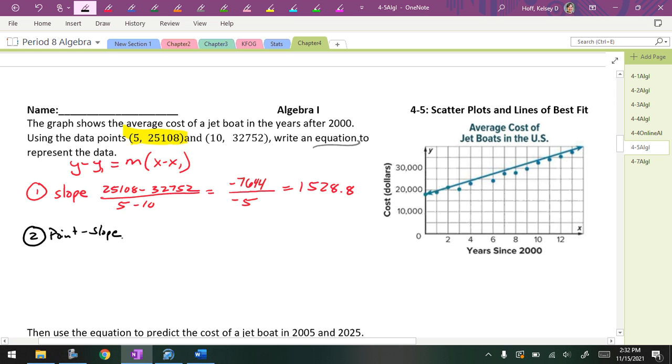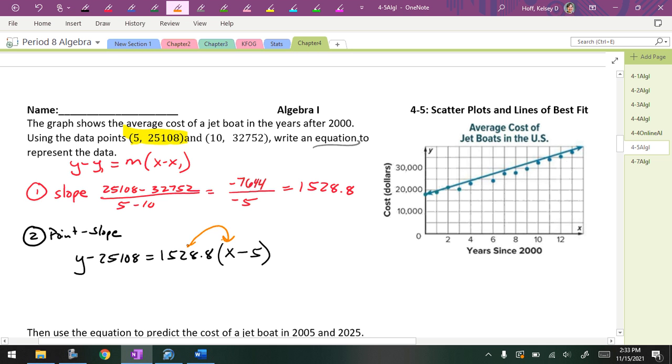So our equation would look like y minus 25,108 equals, very good, 1,528.8 times x minus 5. Now what do I do?